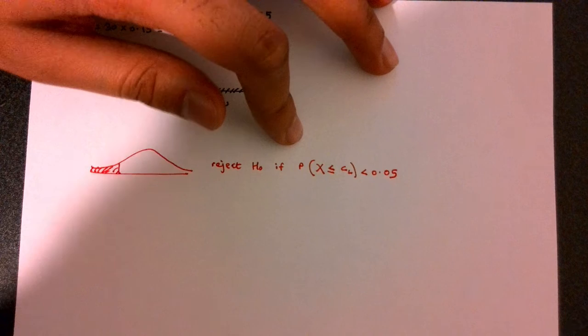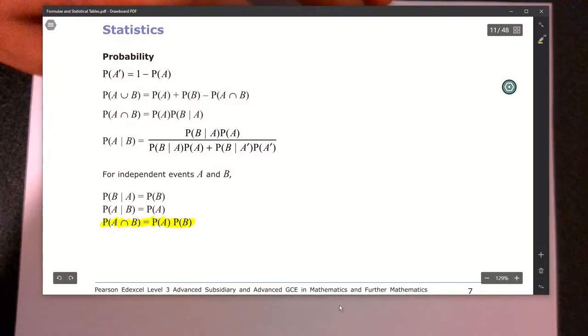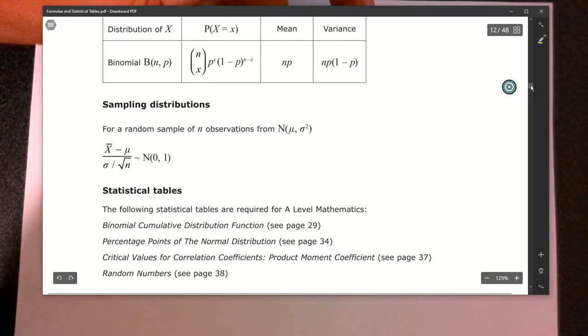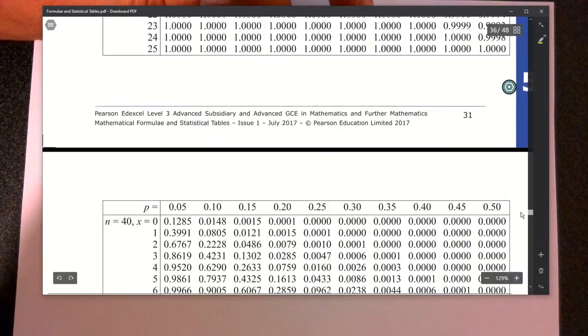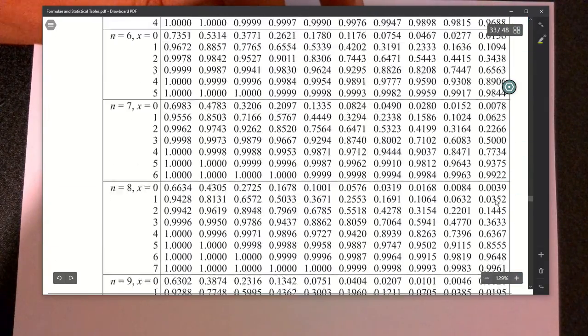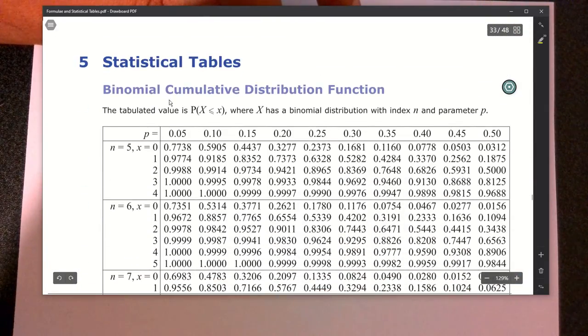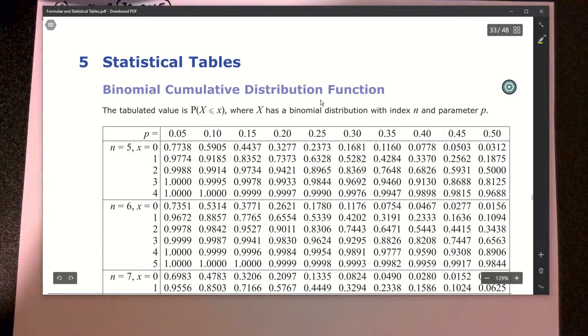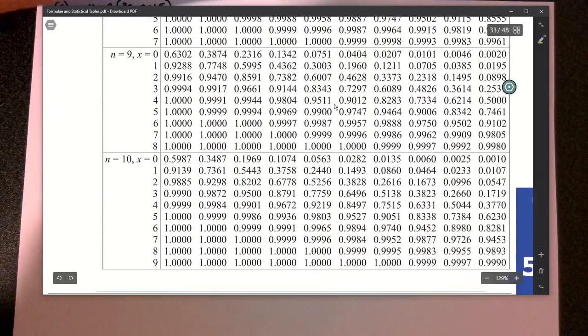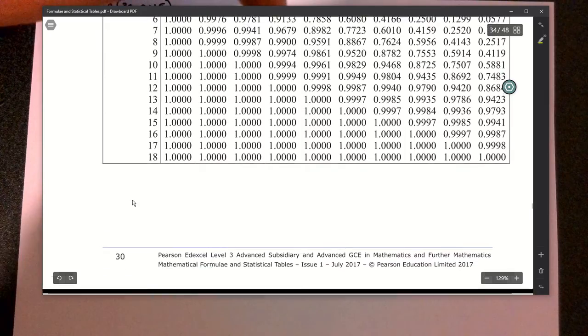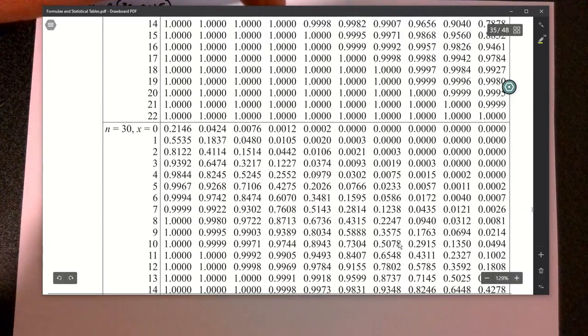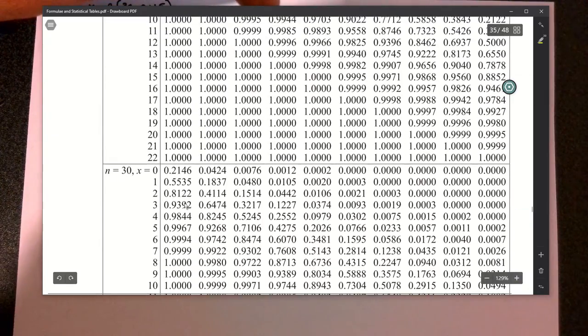So if we go to the formula book, and scroll right down to the binomial cumulative distribution tables, n over here for us is 30, and we're finding the x values.